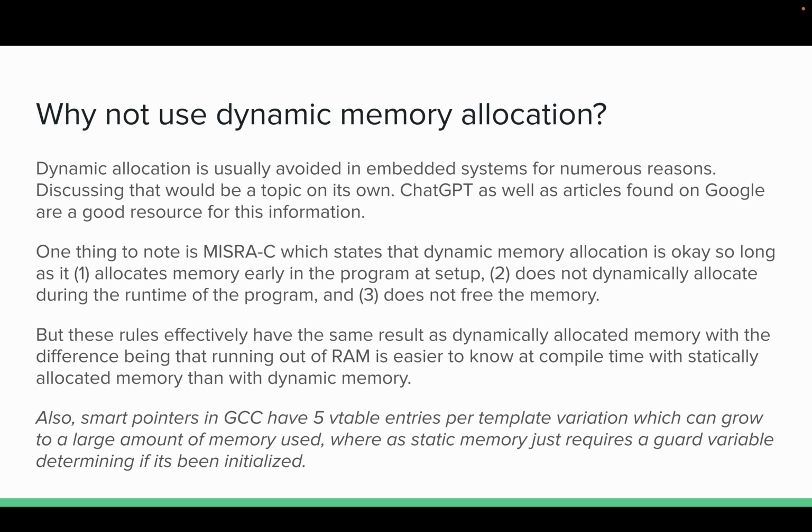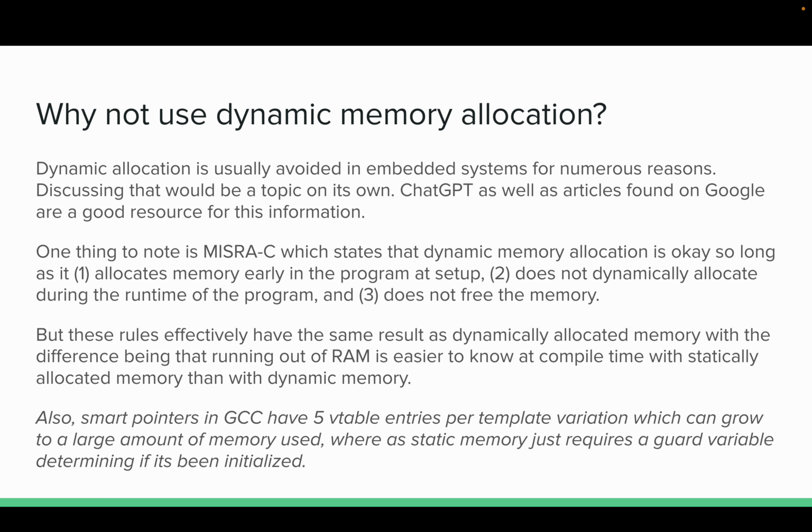So there's a couple items to go into. But yeah, these rules effectively have the same result as dynamically allocating. This should be statically allocated memory. The difference is that running out of RAM is easier to know at compile time with statically allocated memory than with dynamic. With dynamic memory, you have to ask the system at runtime, hey, do I have enough memory?